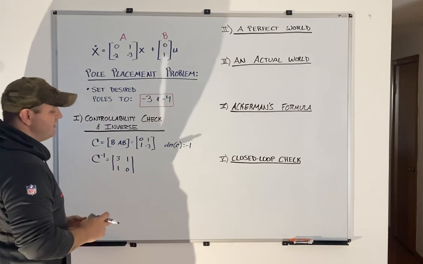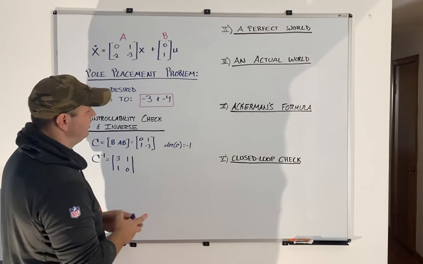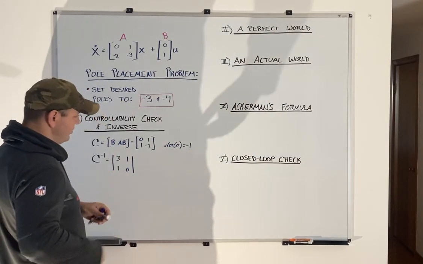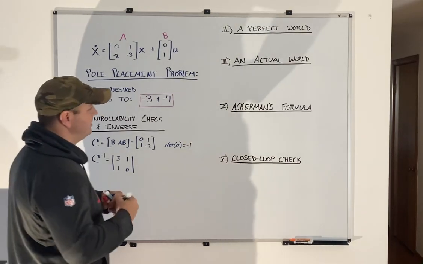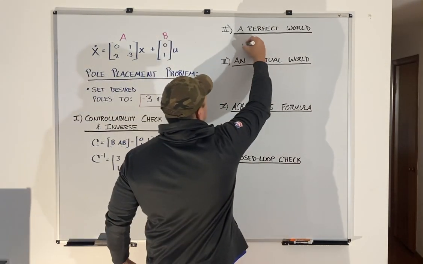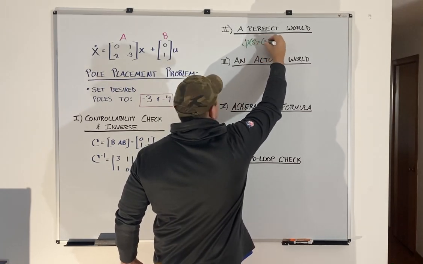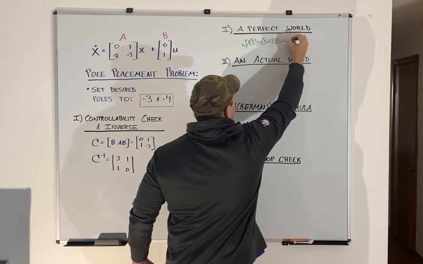So let's carry on. Step 2, you think of a perfect world. In a perfect world, these poles would have a system that they fit into like a glove, and that system would just be (s plus 3)(s plus 4).